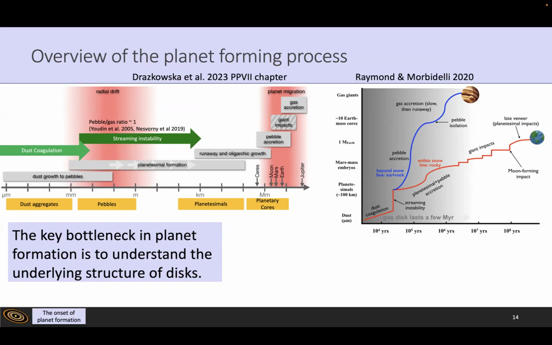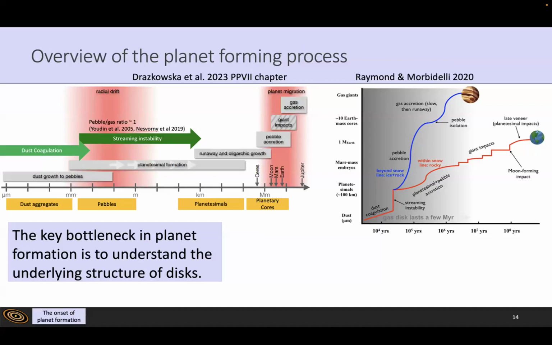You can run your sink particles and then build out a larger planet, but we don't really have observational constraints telling us at what time the dust should be at which size and how this process happens. There's a lack of timestamps for the planet formation process.